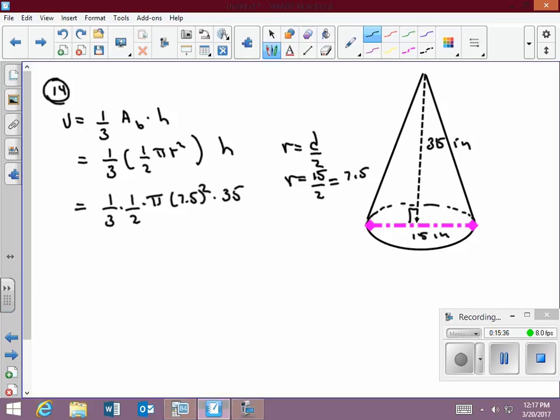Doesn't look like anything is going to really drop out. So I'm just going to put pi times 7.5 squared times 35 and then divided by 3 and divided by 2.